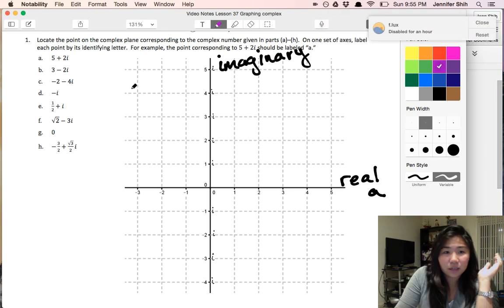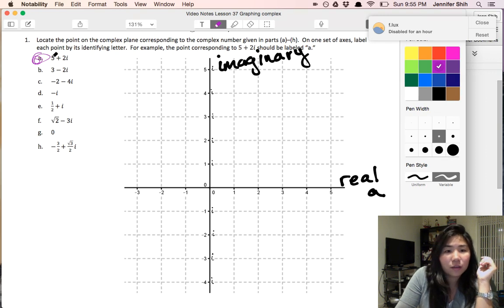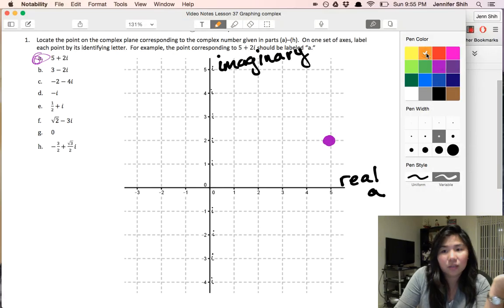Okay, now I'm going to show you how fun it is to graph these. So I'm going to take this color, A, 5. I'm going to go 5 along my real axis, and then positive 2 to positive 2i. Done. Okay. B, 3, negative 2i.